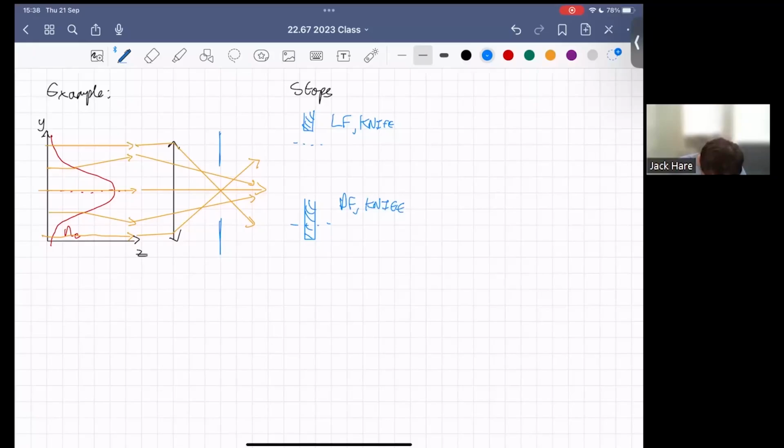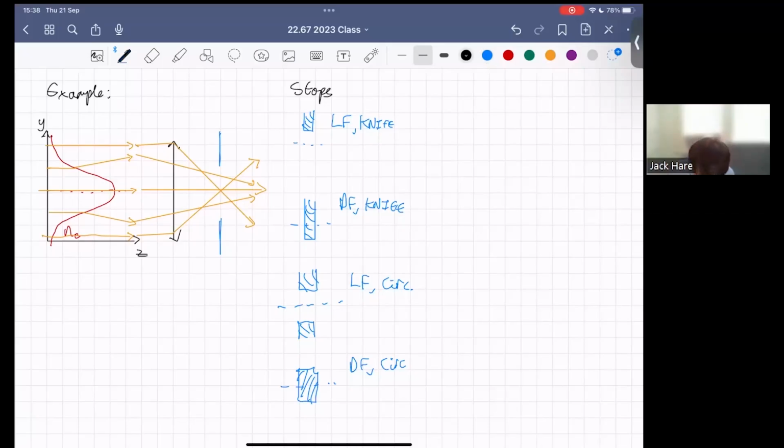We could have a stop that looks like a light field circle. And we could have a stop that looks like a dark field circle. And what we're going to do is sketch out what we expect the intensity to look like from each of these different knife edges here.